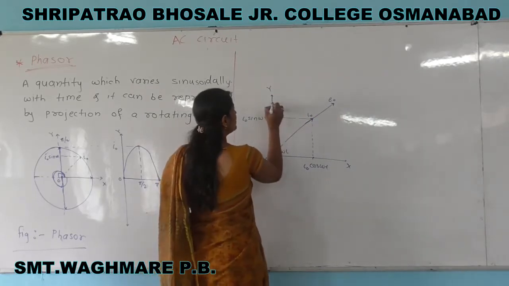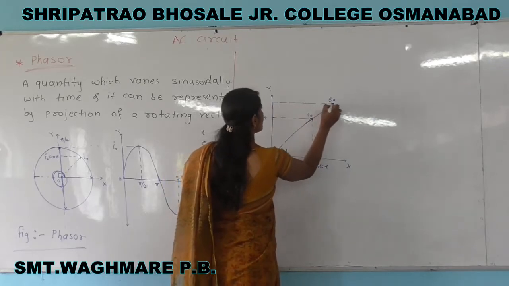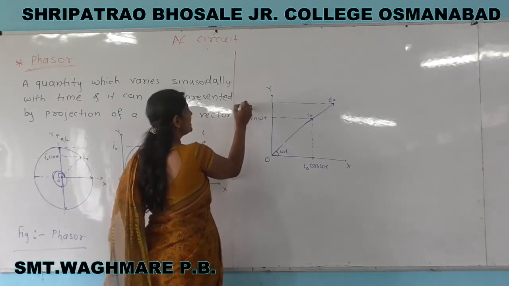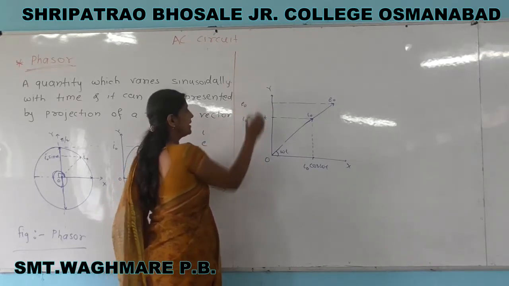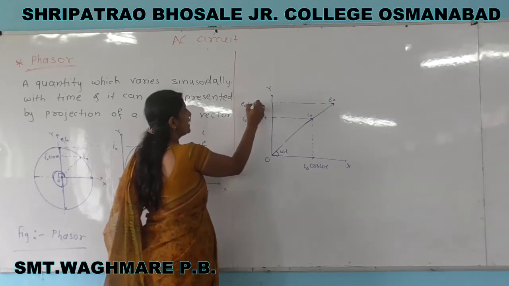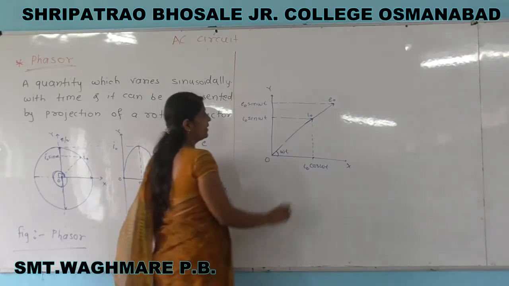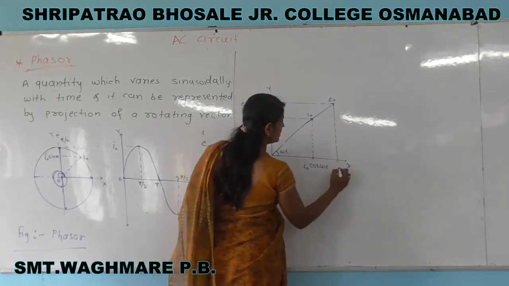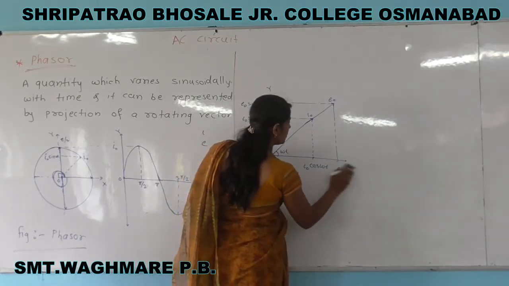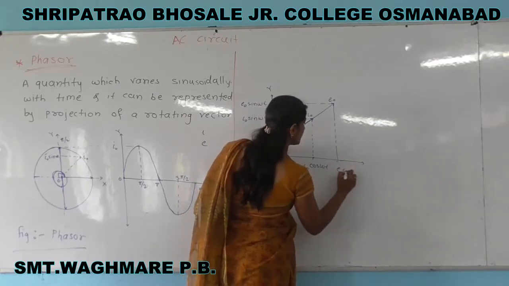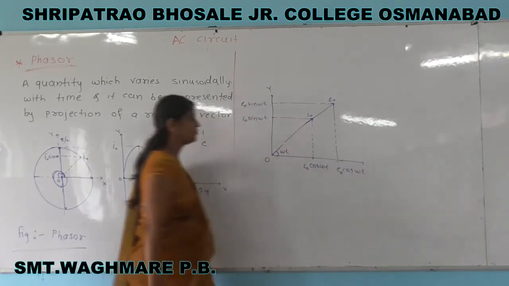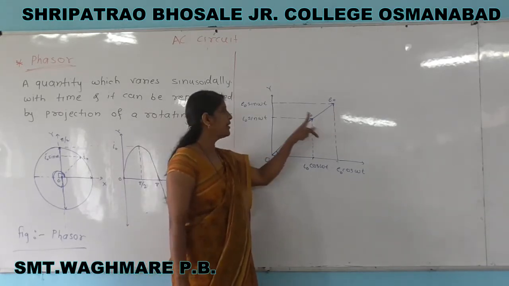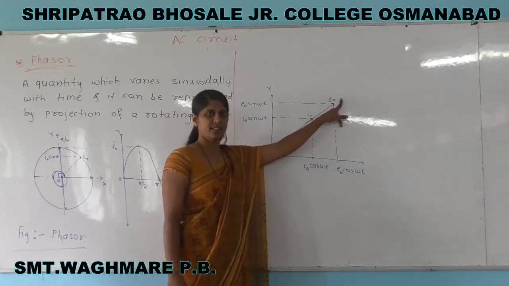When we take the projection of this vector on the y-axis, we get the instantaneous value of EMF, that is E naught sin omega t. Here this value is E naught cos omega t. Here there is no phase difference between the current and EMF.